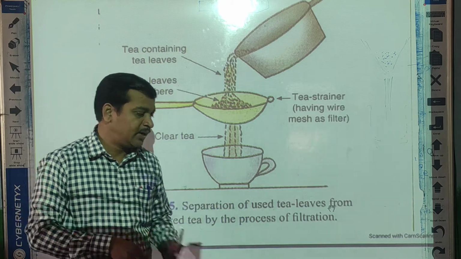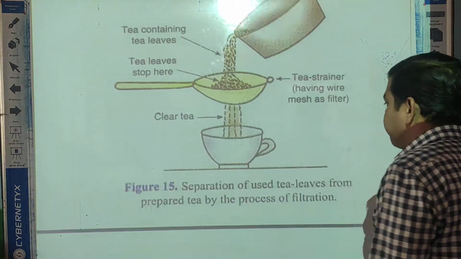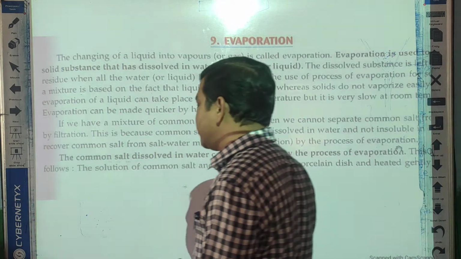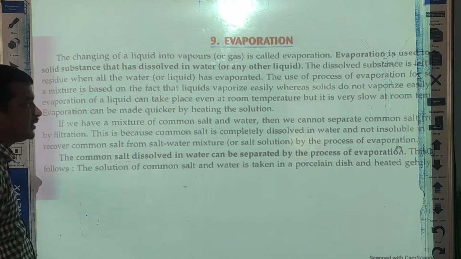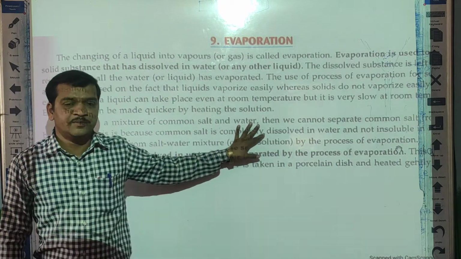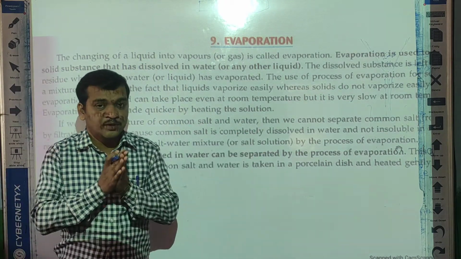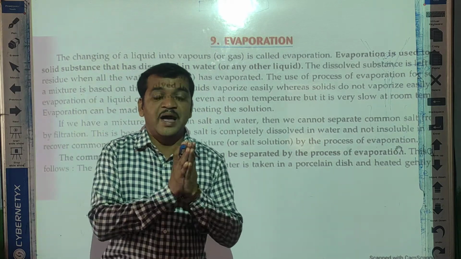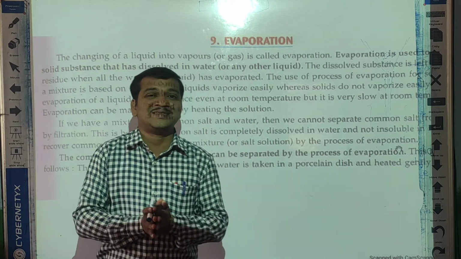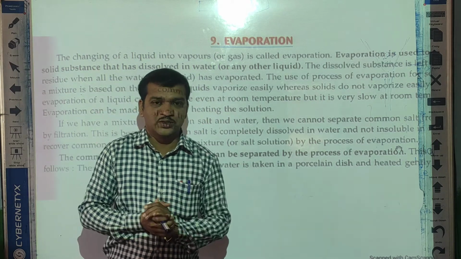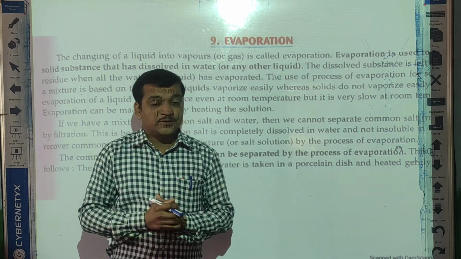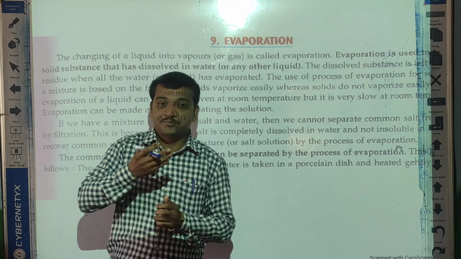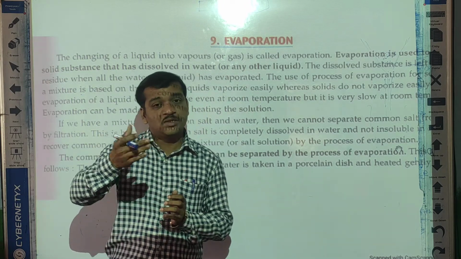Now next one, evaporation. Do you know, students, what is meant by evaporation? Yes, evaporation is a process in which water changes into water vapor by heating. This process is called evaporation. See, students, this process is very important to separate out a substance.